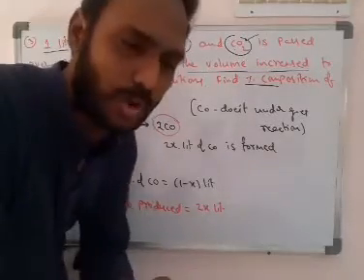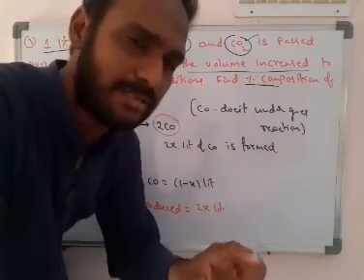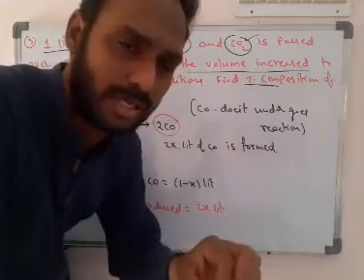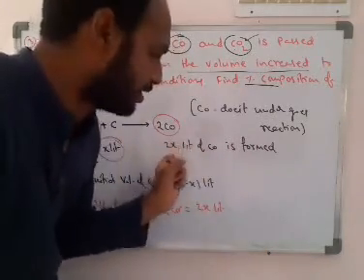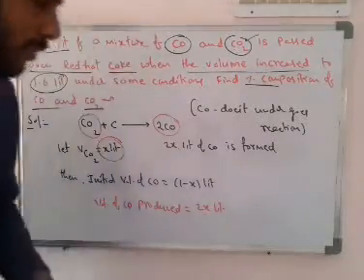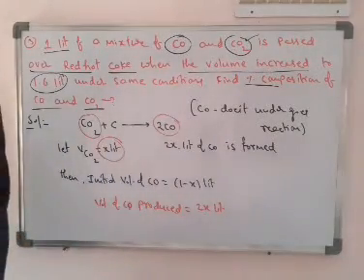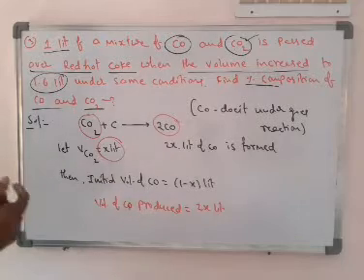Since CO did not participate in the reaction, 1 minus x liters of carbon monoxide remains as it was at the start. Since CO2 was involved in the reaction, 2x liters of carbon monoxide formed. So, the increase in the volume is how much?